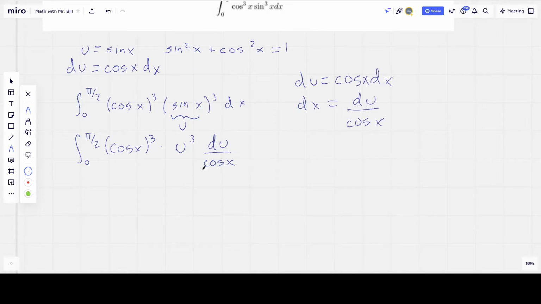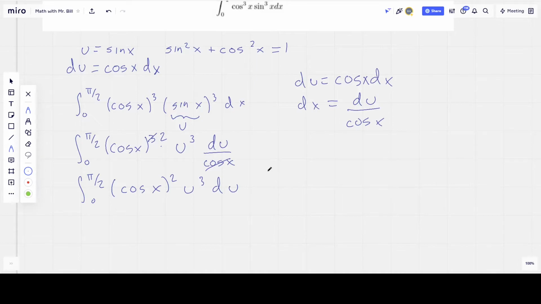So what does that give us? A little bit of simplification. We get to cancel out one cosine with a cosine here, and we end up with 0 to pi over 2 of cosine of x squared times u cubed du.